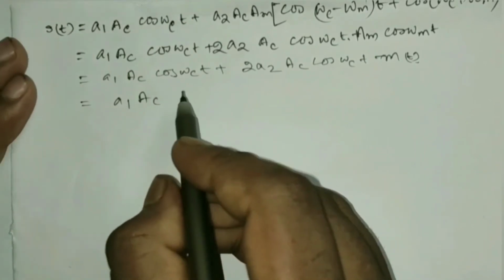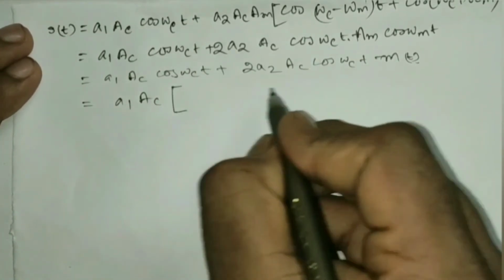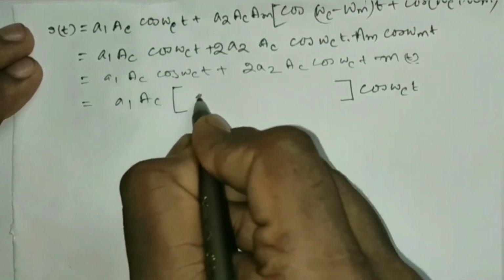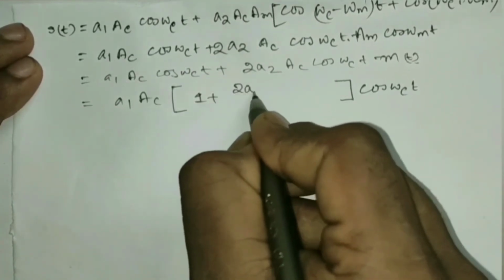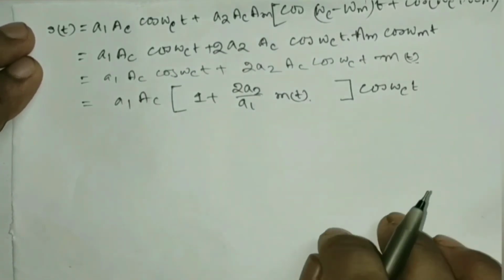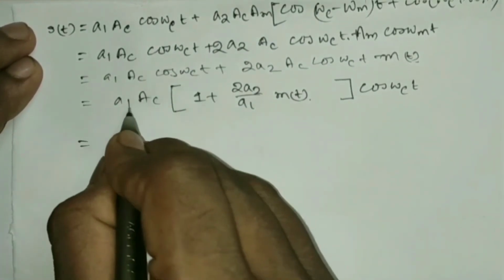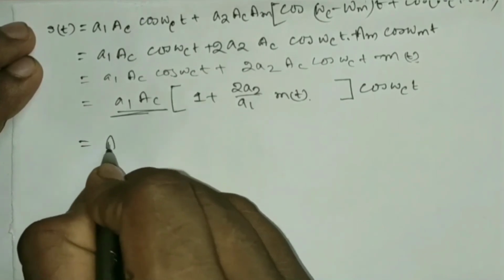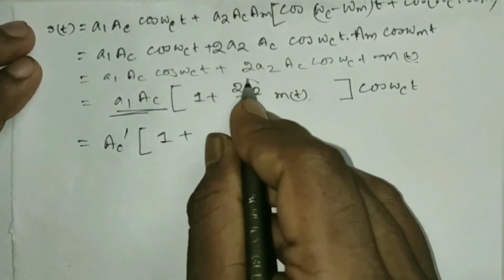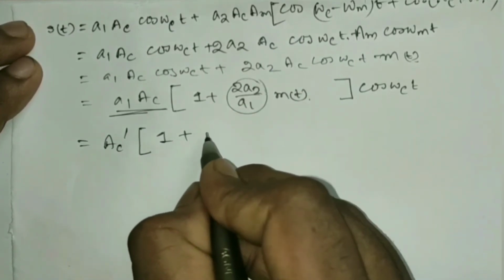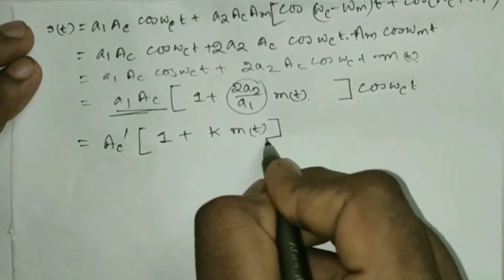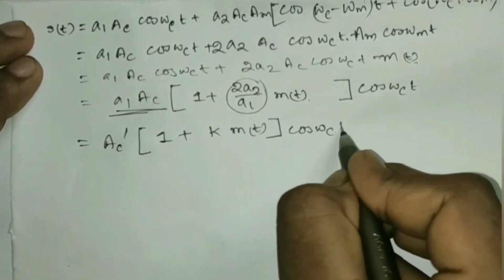Now taking a1 Ac common, we will get cos omega c t into 1 plus 2 a2 upon a1 into m(t). Suppose a1 Ac is another constant Ac dashed into 1 plus 2 a2 upon a1, which is taken to be a constant k, into m(t) into cos omega c t.